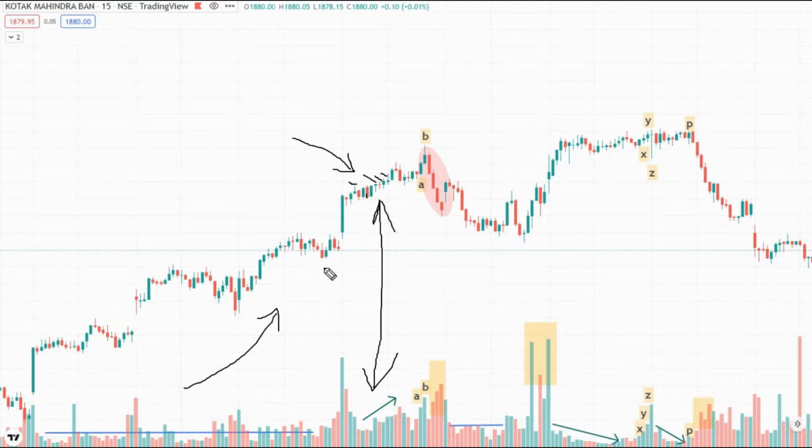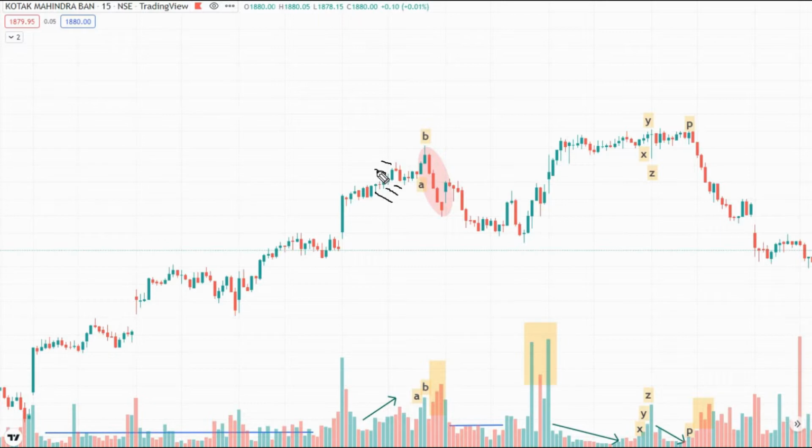Because we were in an established uptrend and prices are moving up, but we are seeing a swelling in the volume. The volumes have suddenly increased, but the price behavior is suggesting that the sellers are coming in the markets and they are capping the upside pressure.